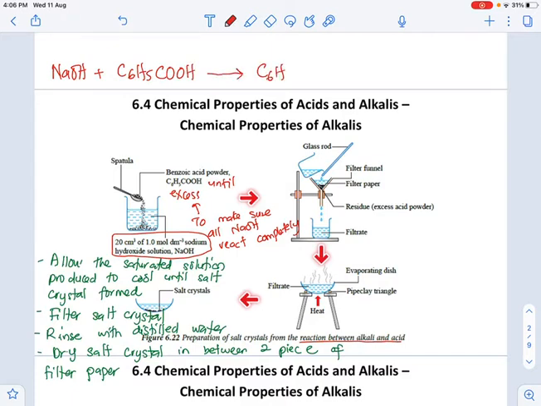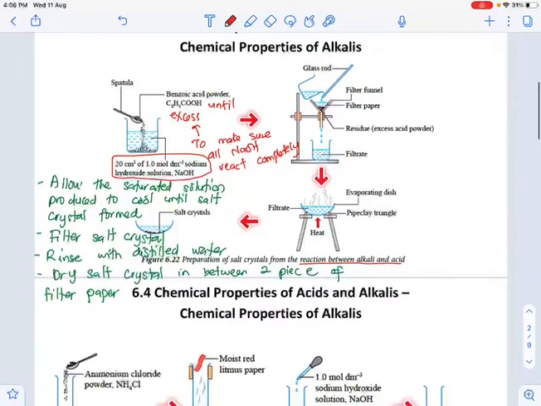The salt produced is sodium benzoate and water. Then filter out the excess acid powder through filtration. Then the filtrate, which is sodium benzoate, is transferred into the evaporating dish.